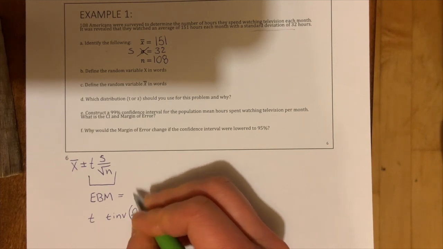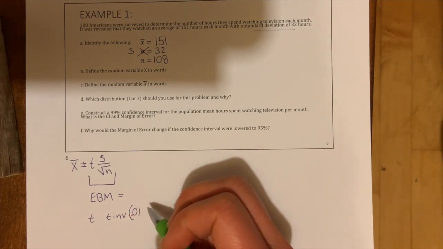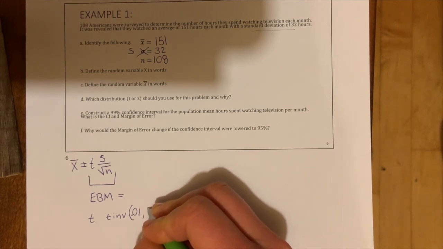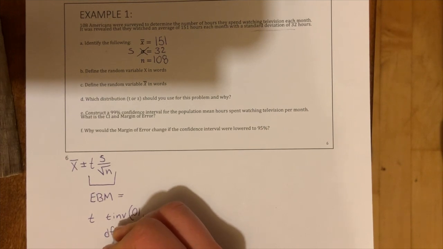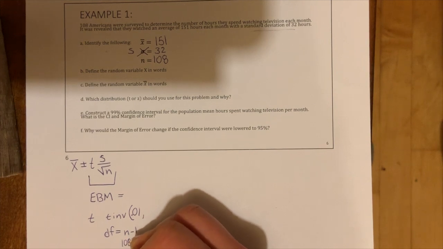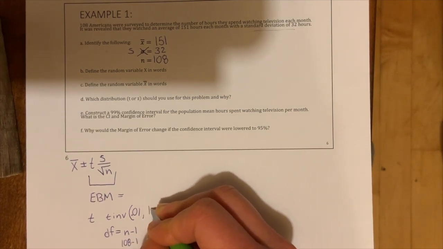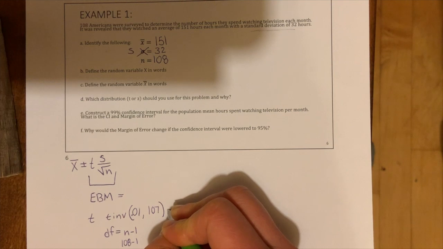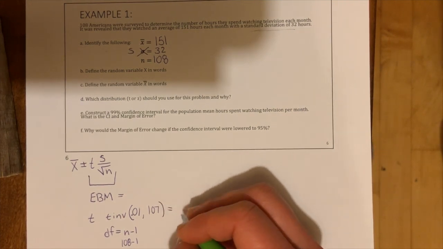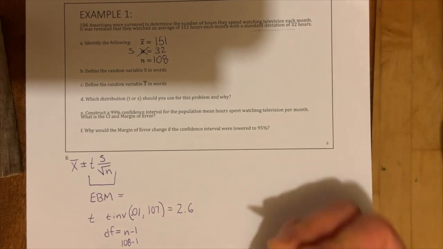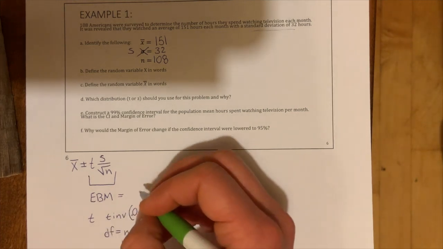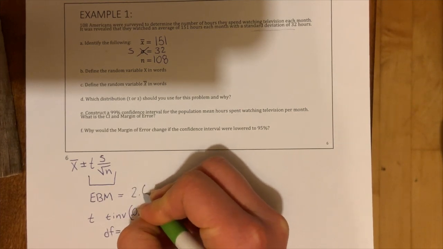So there's 1% of the values in those two tails. So 0.01, comma, degrees of freedom, which is n minus 1. So 108 minus 1 is equal to 107, which using Google Sheets is equal to 2.6 approximately. So that's our t-score.